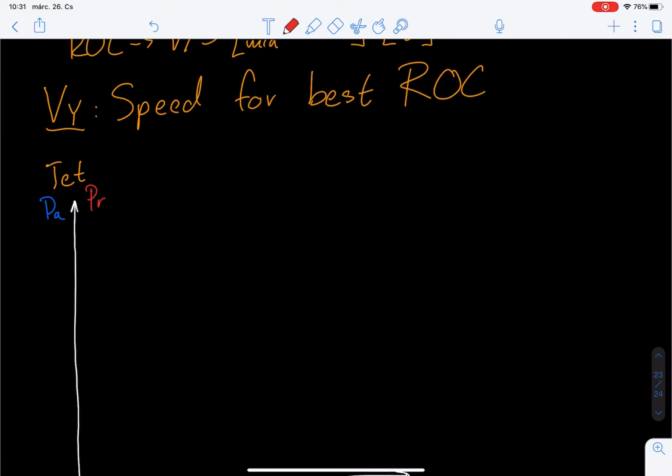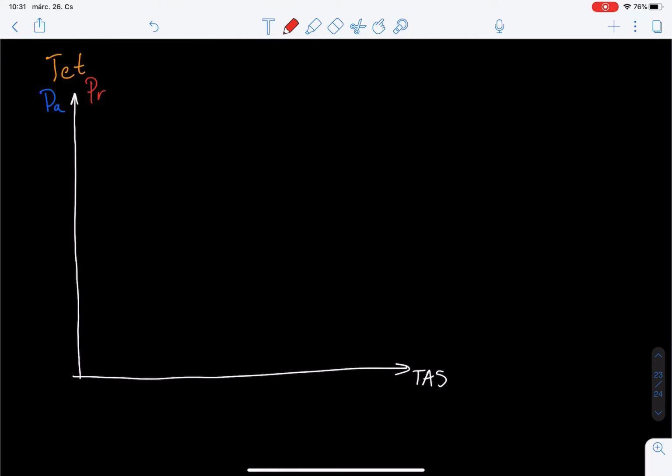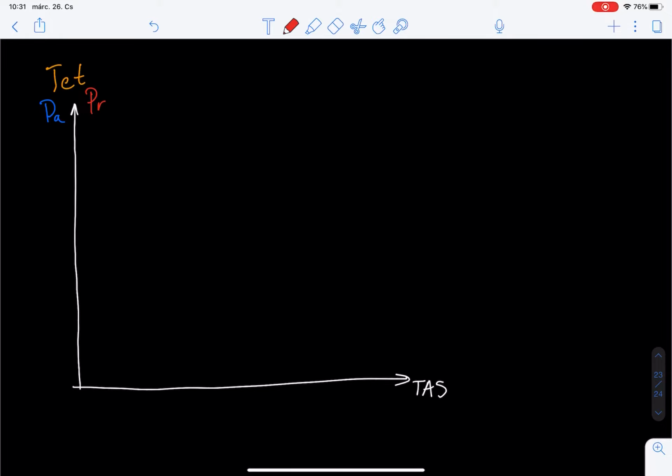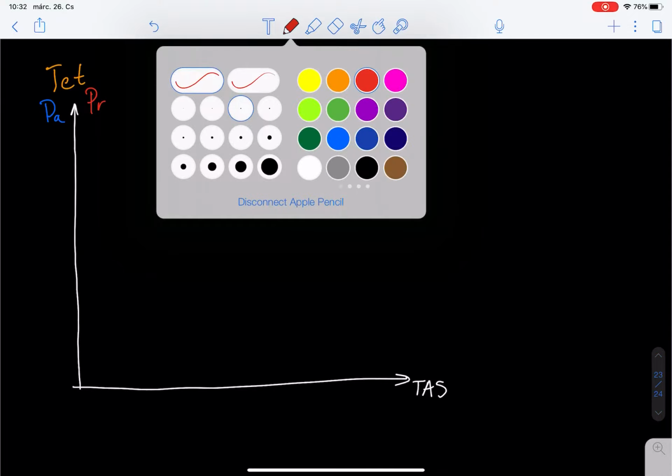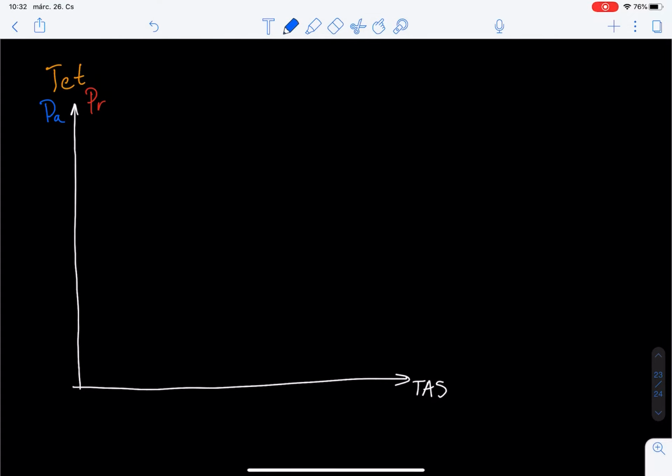We presume the shape of the thrust curve to be constant for the jet. If I multiply it with an increasingly growing amount, the true airspeed, what kind of function do I get? We get a linear function, right? At zero true airspeed it is zero, and it continuously increases. This would be your power available for the jet.